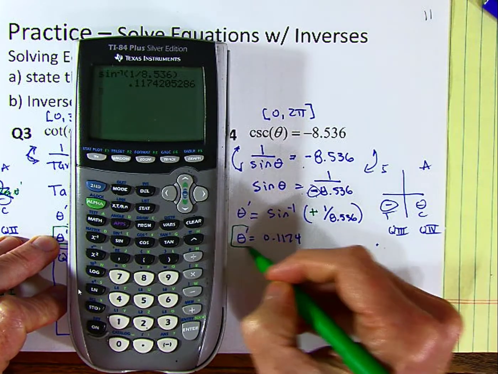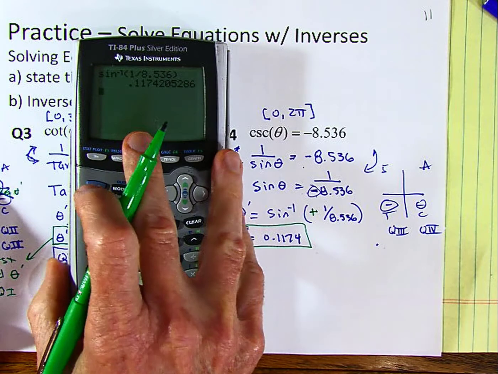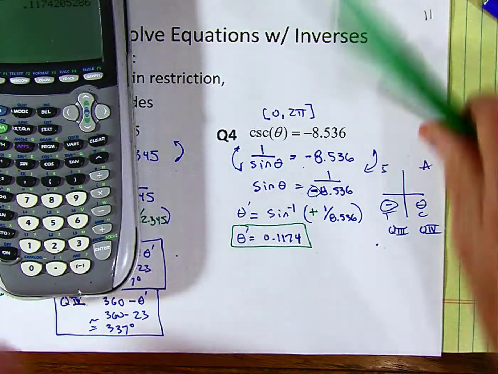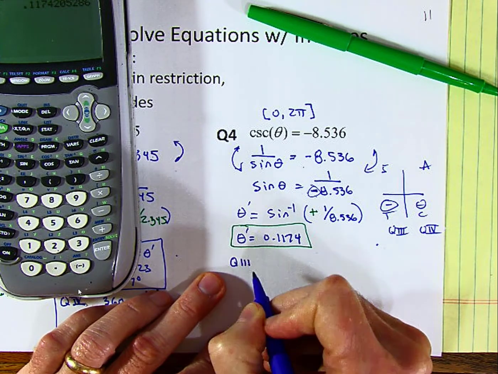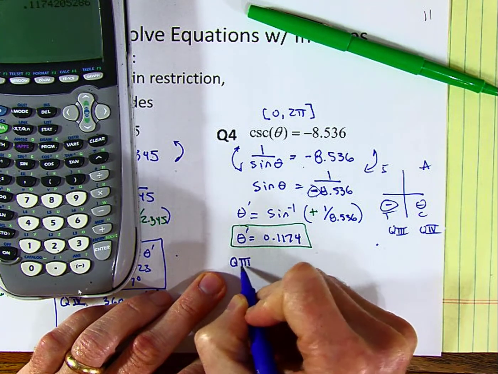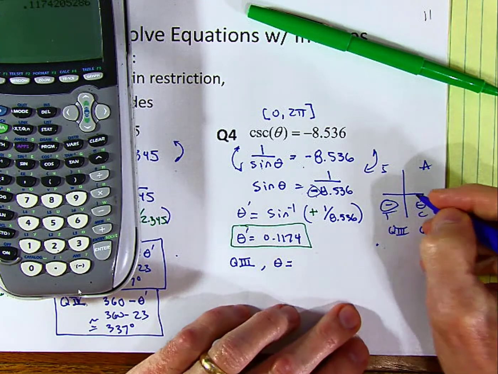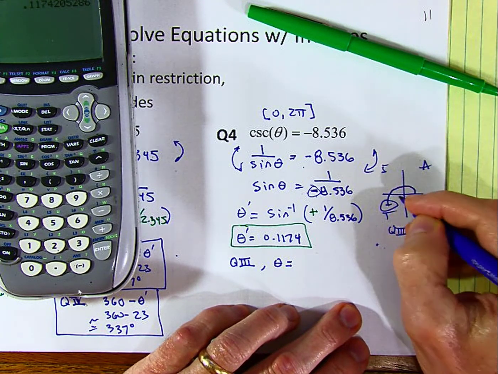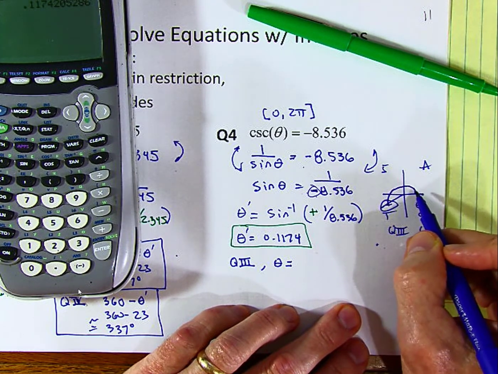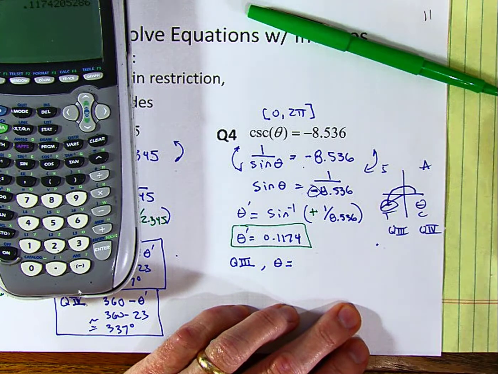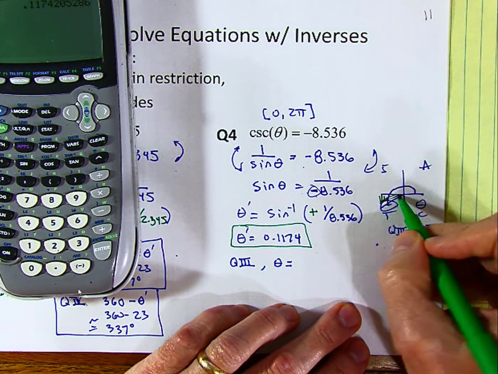But I don't want ultimately the reference angle. I want the quadrant 3 solution and the quadrant 4 solution. So let's find quadrant 3 first. If I were over in quadrant 3 and getting that solution down there, I could take 180, and this little piece here would be like my reference angle.